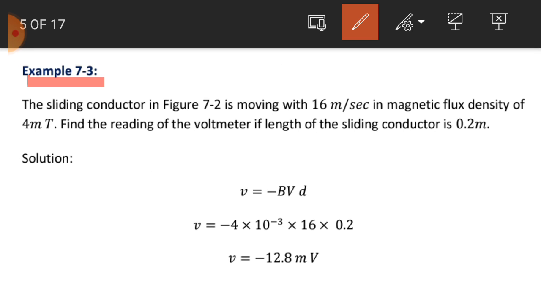Let us do example number 7.3. Well, the sliding conductor in figure number 7.2 is moving with 16 meter per second. I'm sorry, I don't have figure number 7.2 in this numerical example.